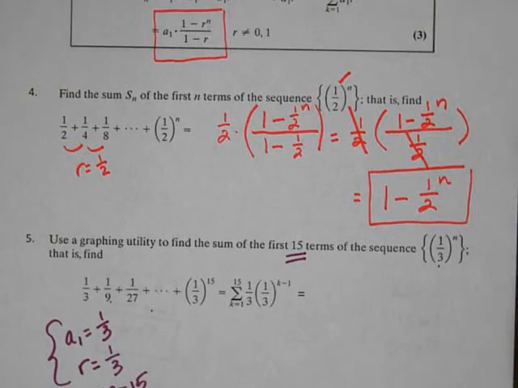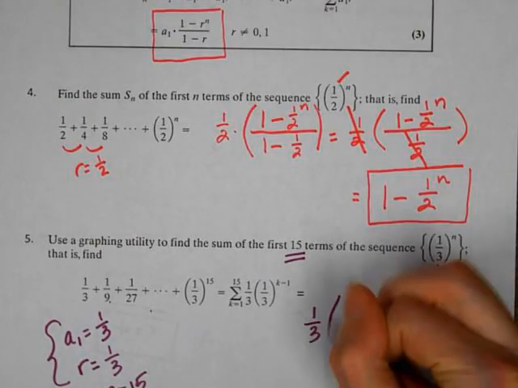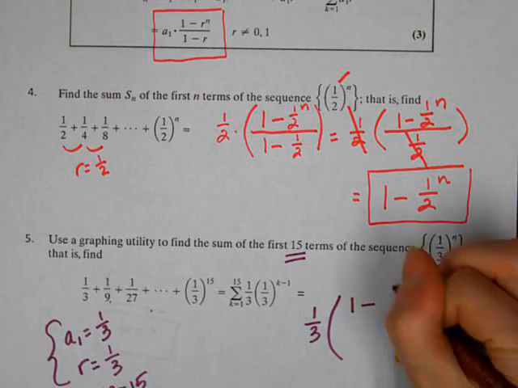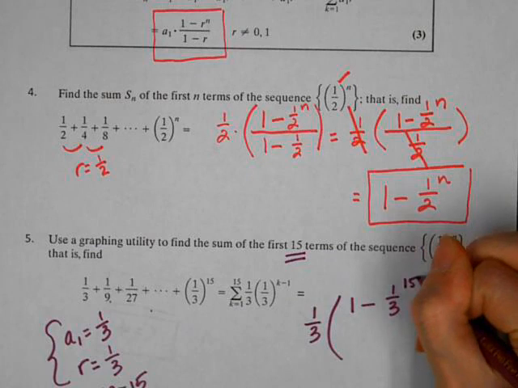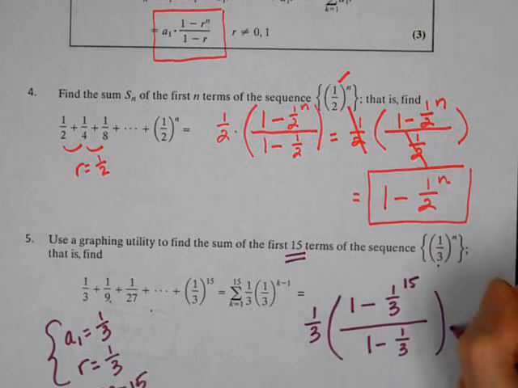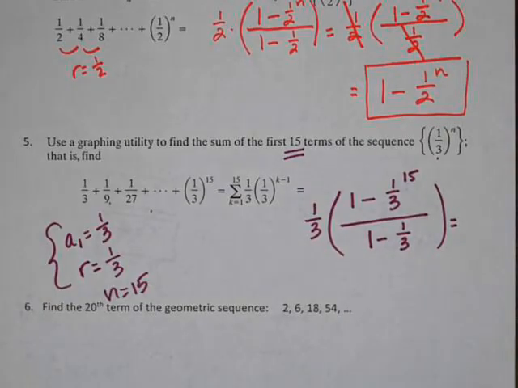So again, the sum formula is a sub 1, which is 1/3, times 1 minus r, so 1/3 to the 15th power all over 1 minus 1/3. And we are allowed to use a calculator for this one, so we don't have to do the messy algebra.